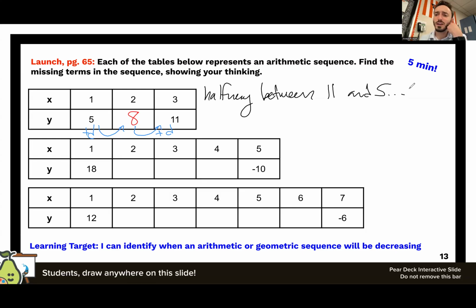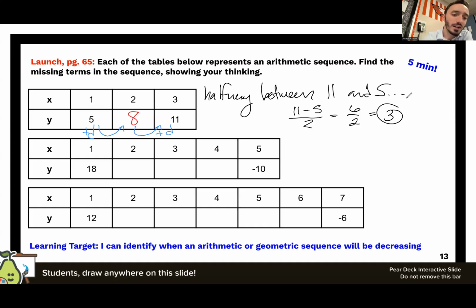So some of you may have run a calculation where you say, hey, if I do 11 minus 5 divided by 2, which is the same thing as getting 6 divided by 2, which is 3, that is a way to find the common difference. You figured out how far in to go from the outside edges to get that 8 value there, that second term of the sequence, which should have a value of 8.